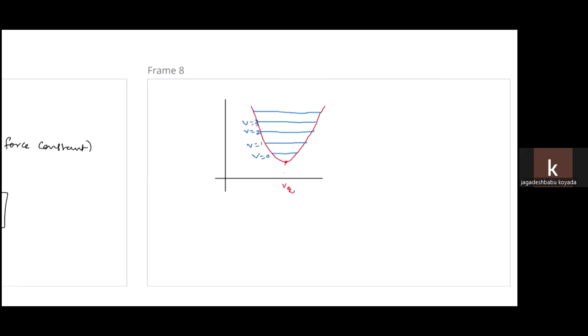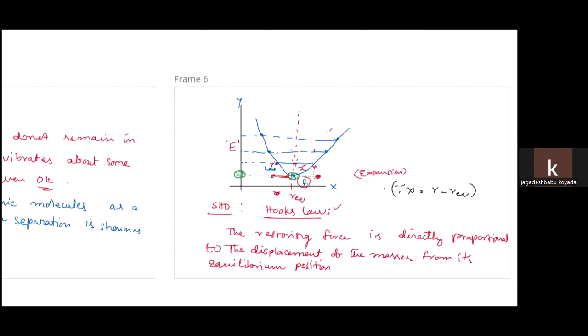Here, on stretching, energy increases. Suppose in this energy level the molecule vibrates 10 times per second. When beyond stretching, its energy further increases. In this energy level, the molecule vibrates, for example, 20 times per second.